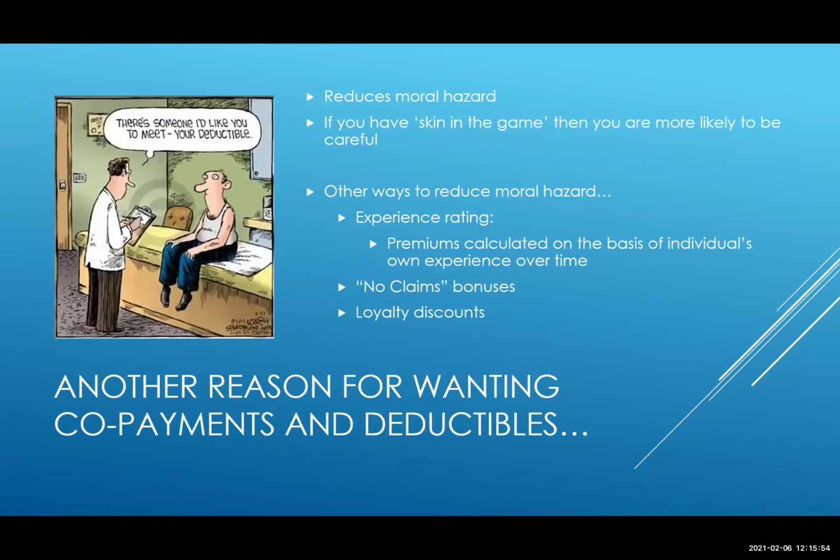Remember that, right? So this also reduces moral hazard. If you have skin in the game, if every time you go you have to pay, that reduces your chance of taking risks.